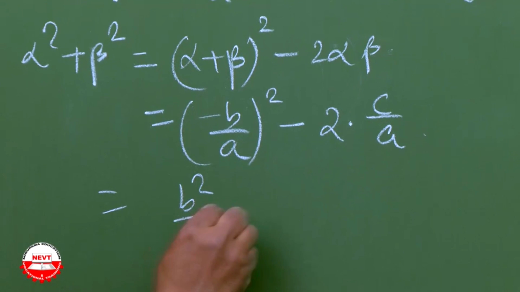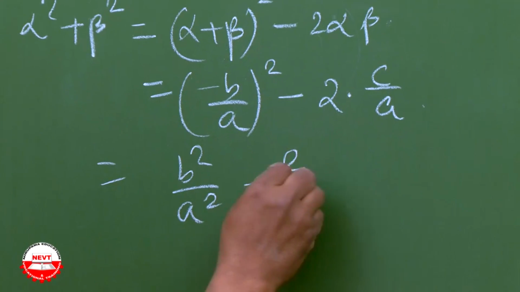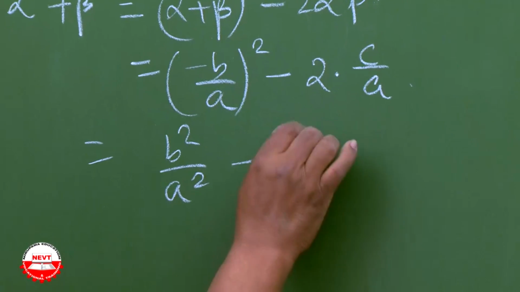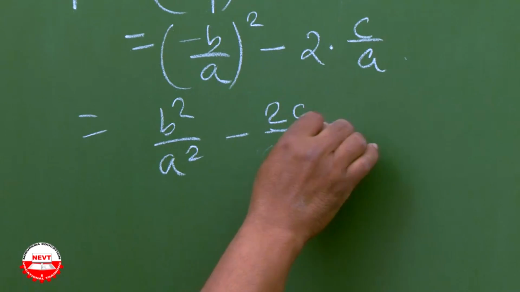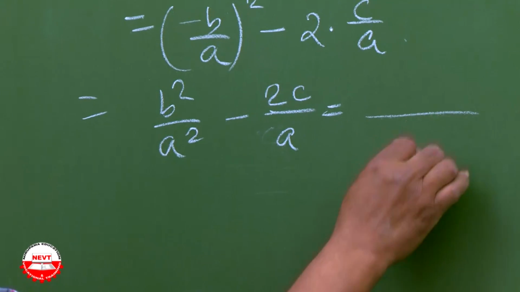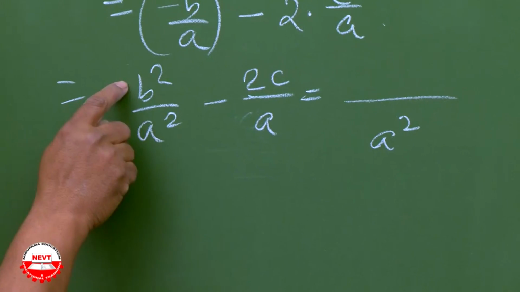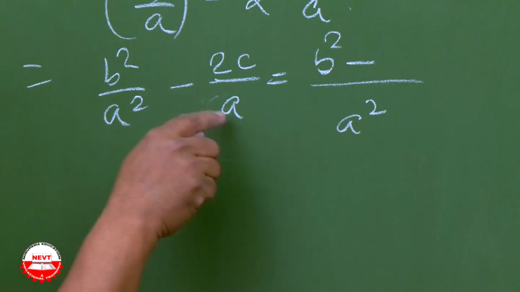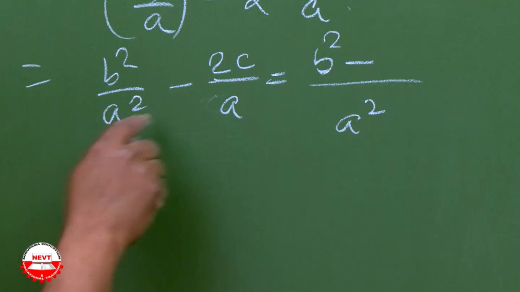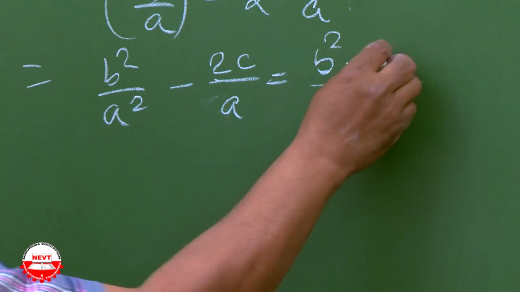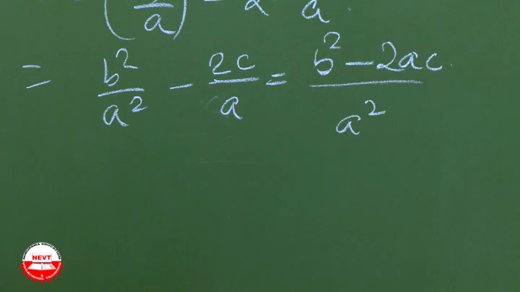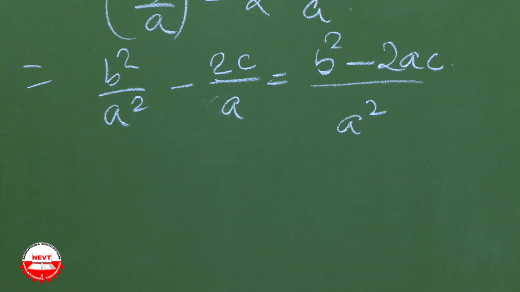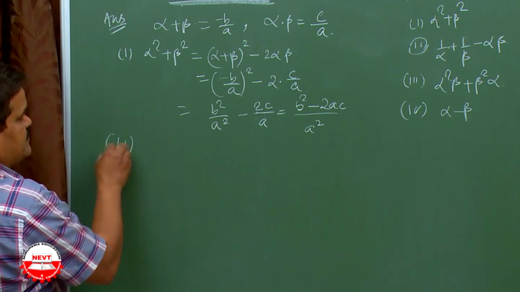B square by a square minus 2c by a is equal to, if you take a square as LCM, it will be b square minus 2ac by a square. So this is the answer. It's okay?